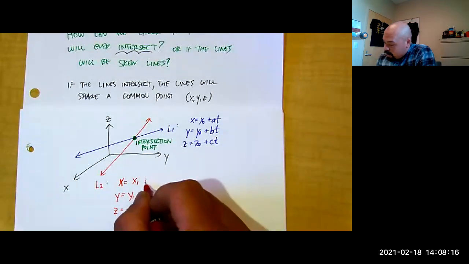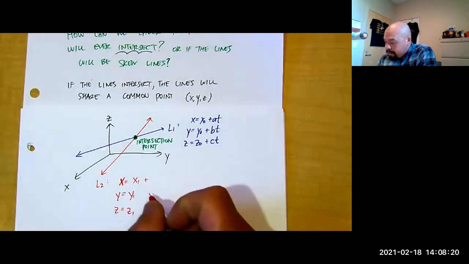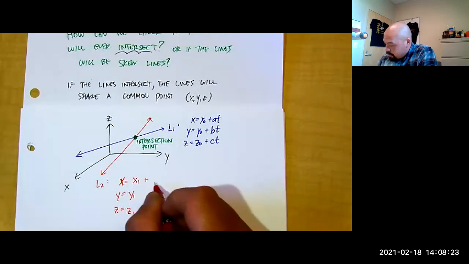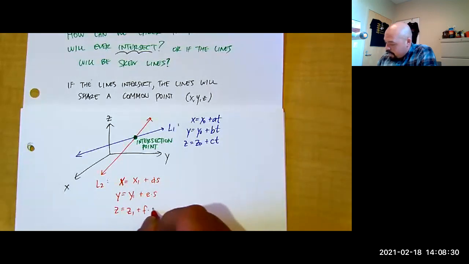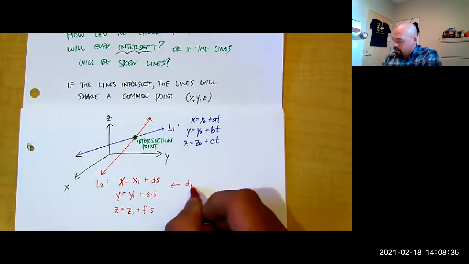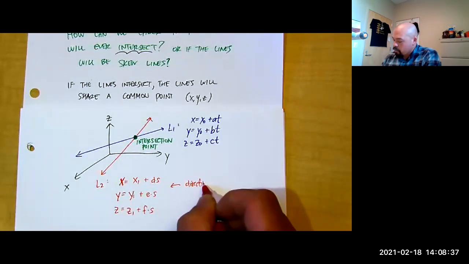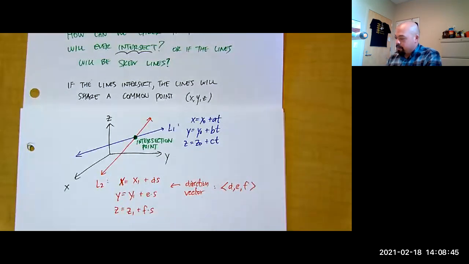So we might need to use a different parameter. So I'm going to do a different direction even. So D s, E s, F s. I know it's a lot of extra labels now, but in this case, my direction vector D, E, F, my parameter is s.